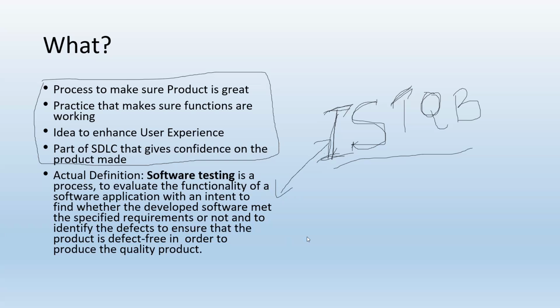That's why I see some software, before it goes to market, they say this is FDA approved, ISO certified, and all this. So the software met the specified requirements or not, and to identify the defects.